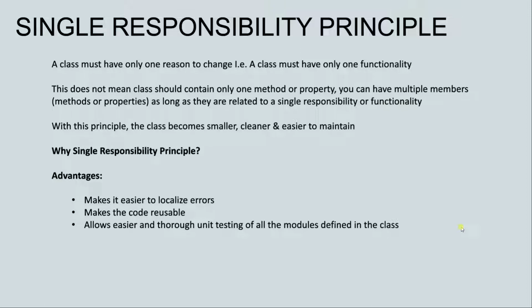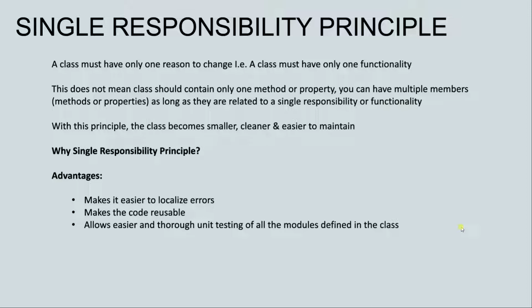The single responsibility principle says a class must have only one reason to change. That is, whenever we define a class, it must have only one functionality. Here, having only one functionality doesn't mean the class should contain only one method or property.